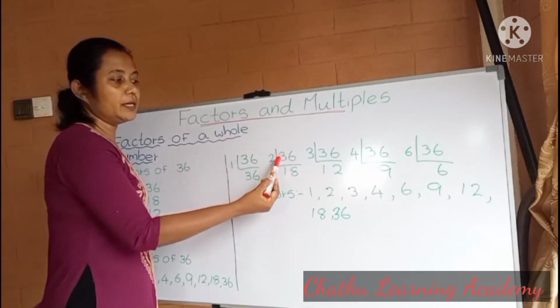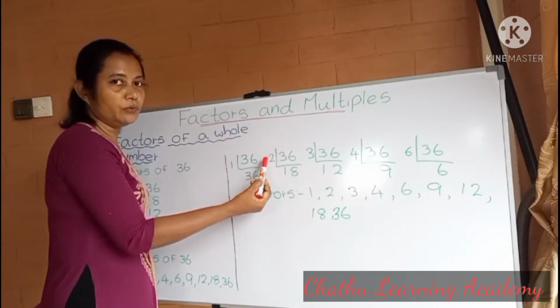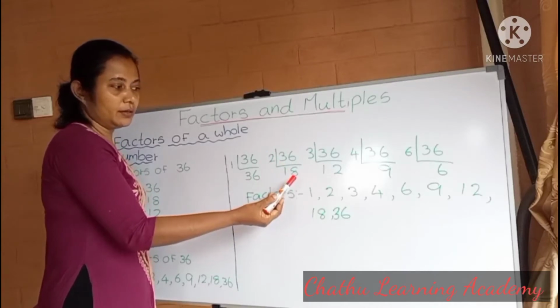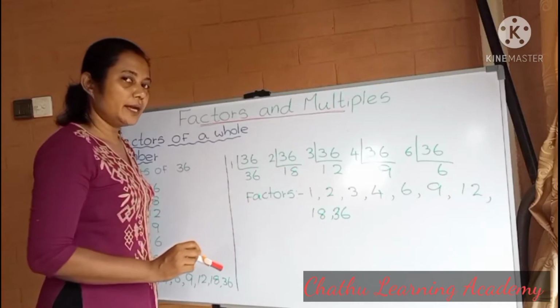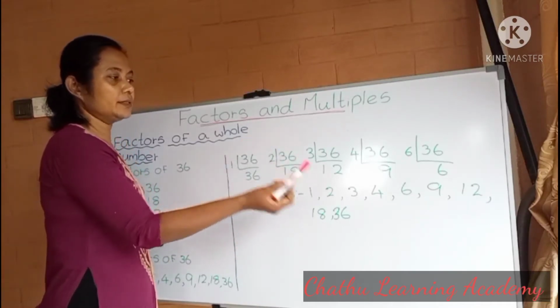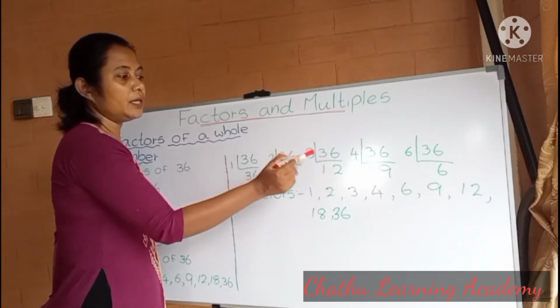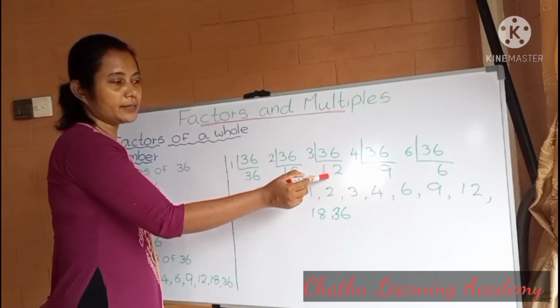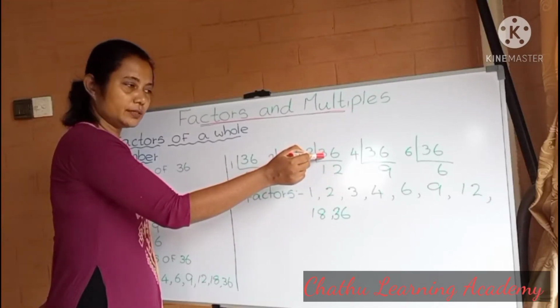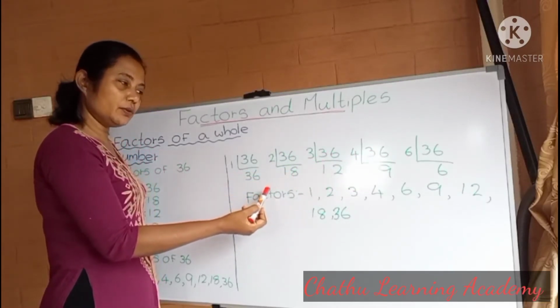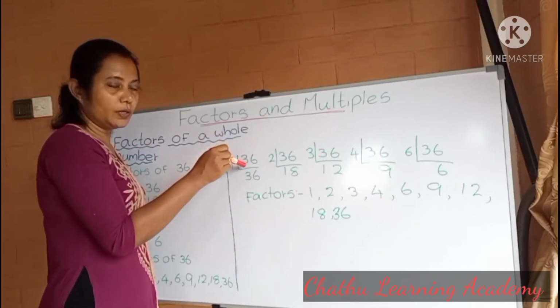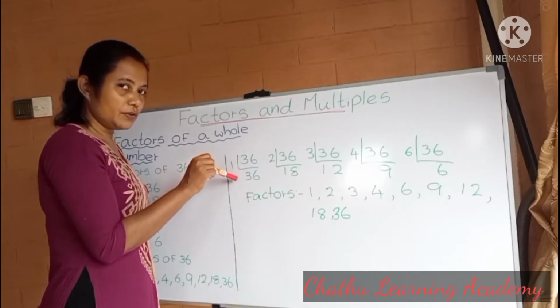Here also we can divide 36 by 2 with 0 remainder. Then 2 and 18 are considered as the factors of 36. Here also the same, 3 and 12 we can consider as the factors of 36. Like that we can find the factors of any given whole number by using this division method.